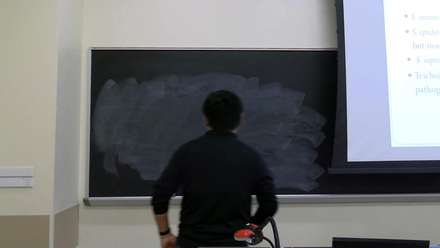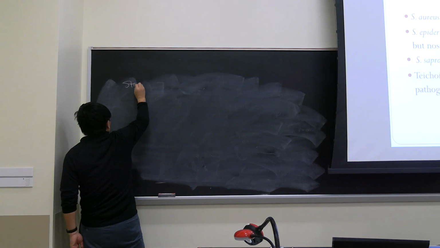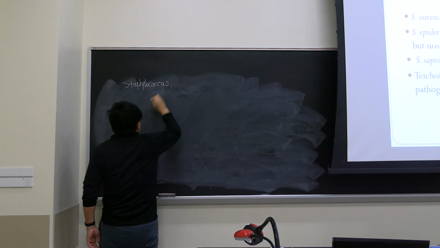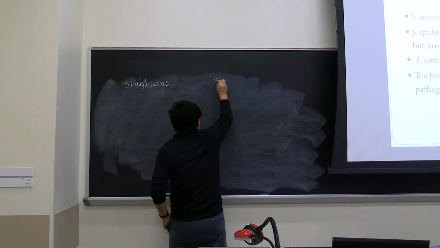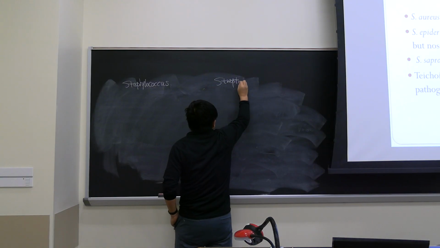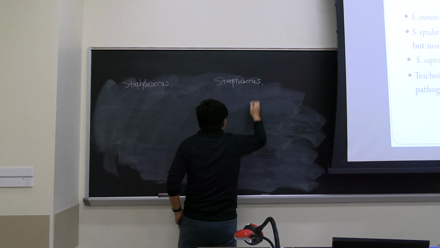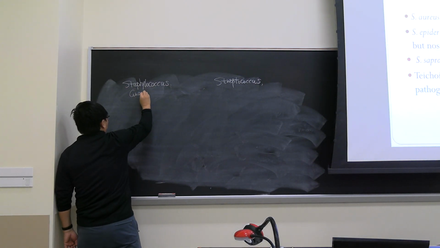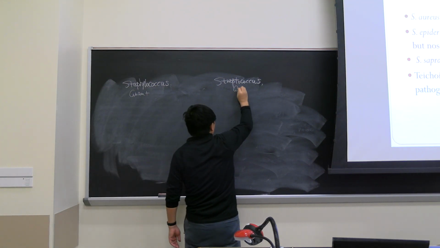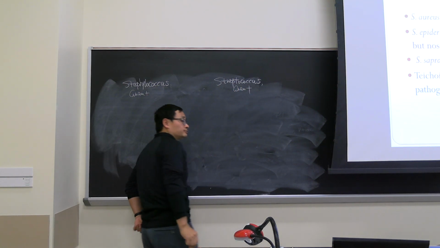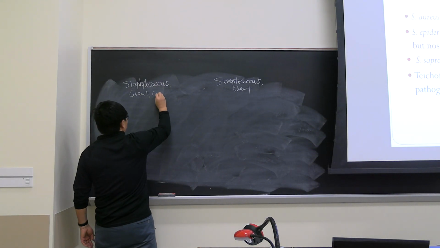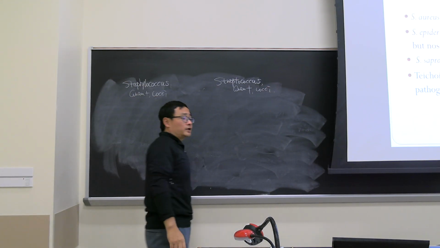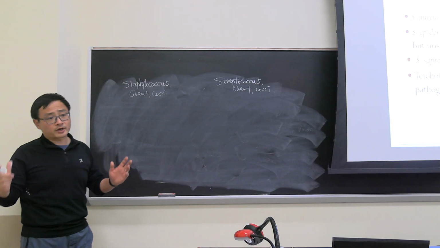Okay, Staphylococcus, and this is what we talked about already, Streptococcus. Both of these bacteria are gram-positive, which means when you do a Gram stain, it's purple. No difference. And both of these are cocci, so round shape. No difference. What is the major difference? The arrangement.